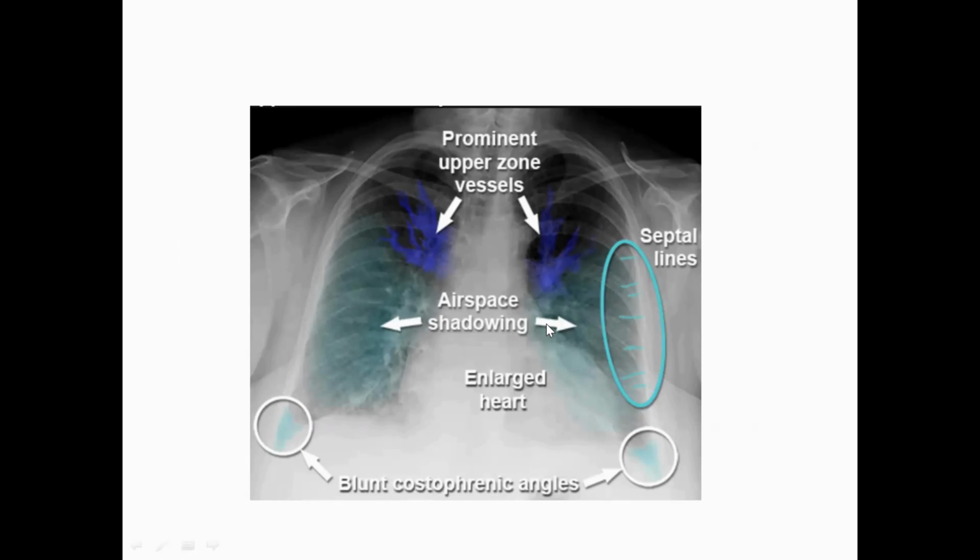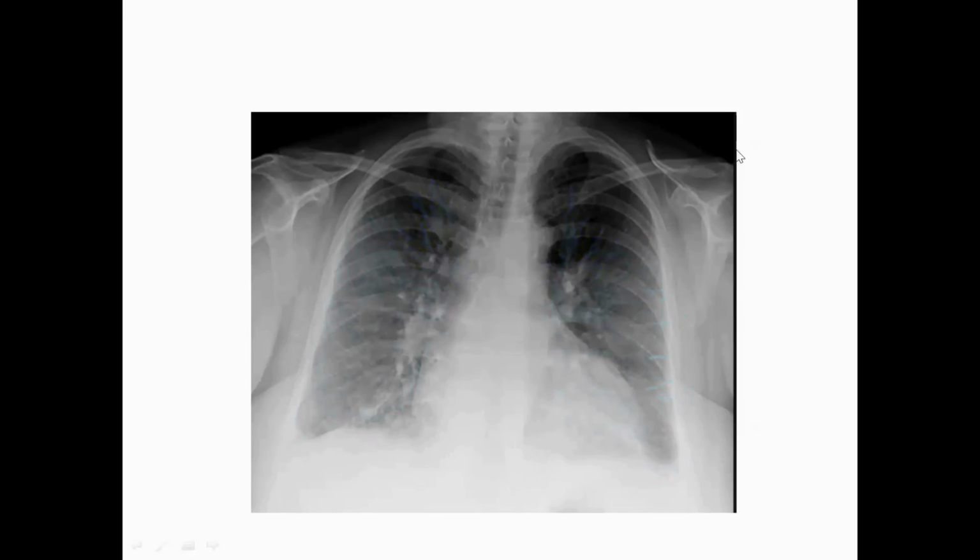Airspace shadowing means it is alveolar edema. How are you going to describe alveolar edema? If there's alveolar edema, you're going to see density radiating symmetrically bilaterally from the hilar region toward the periphery. Have you heard about the bat or butterfly distribution?